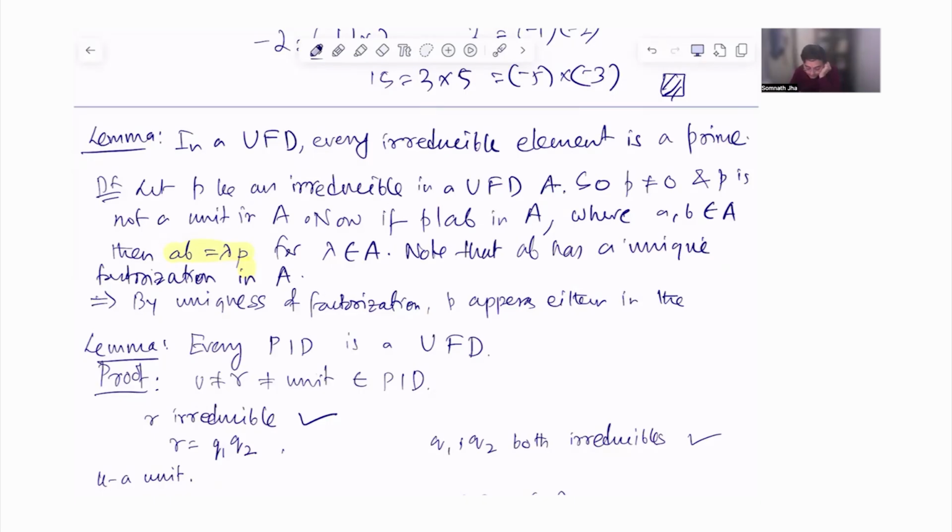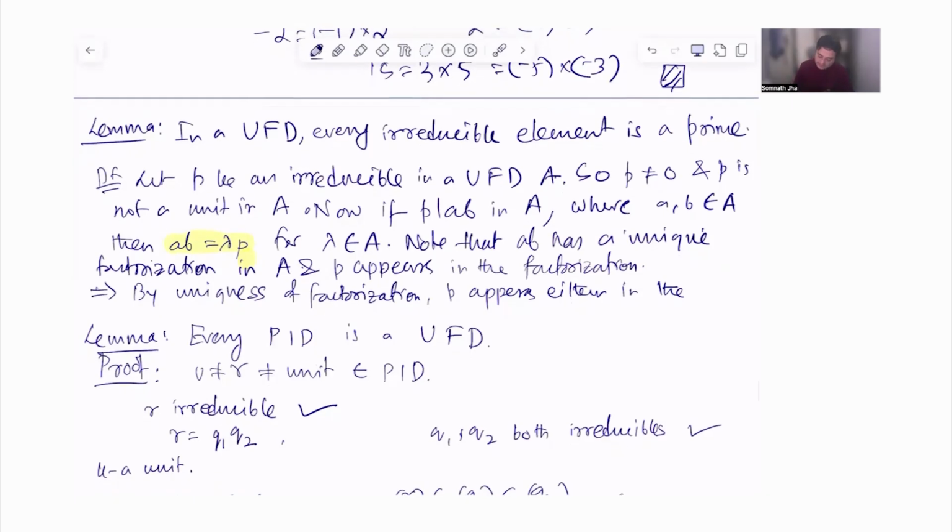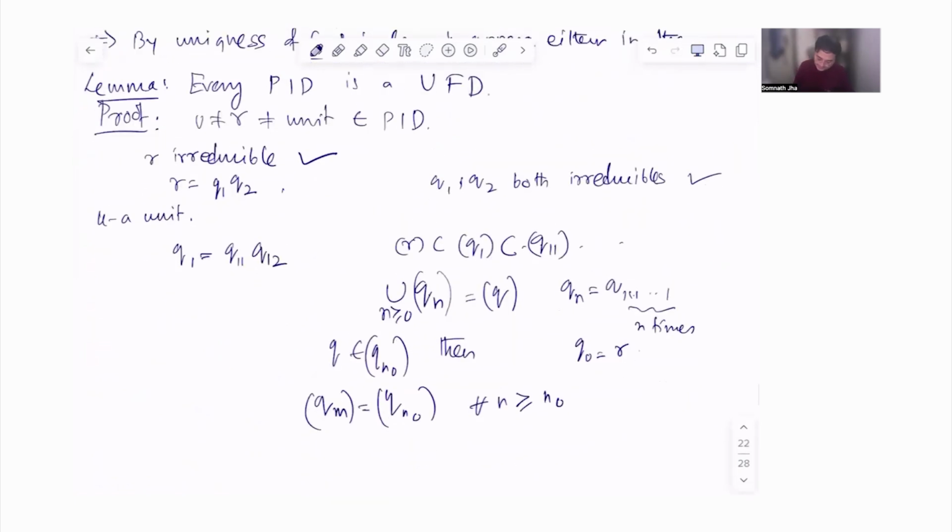So in one of the factorizations, P appears. That means by uniqueness of factorization, when I factorize A into something and B into something, P appears either in the factorization of A or in the factorization of B, right?